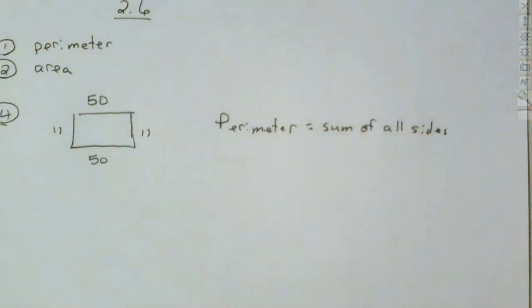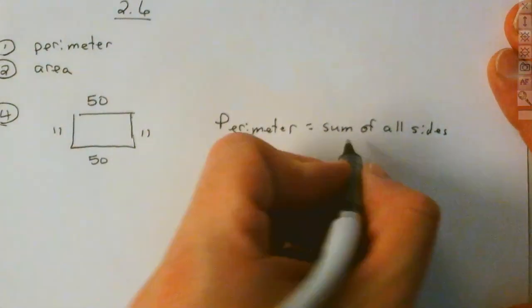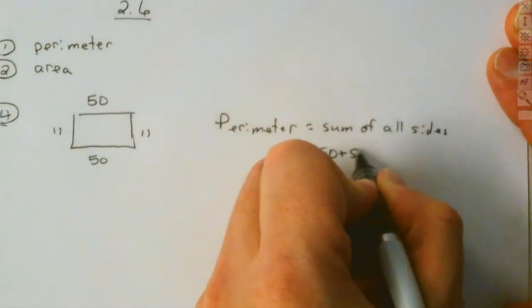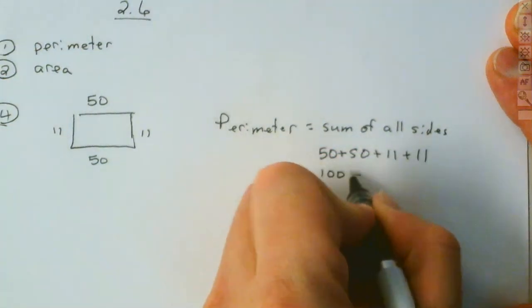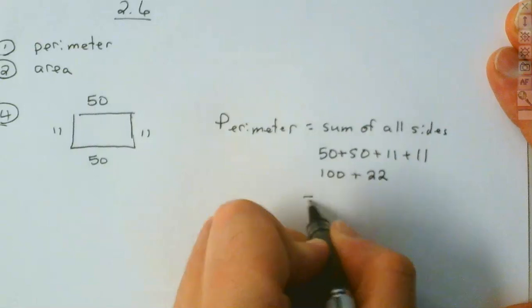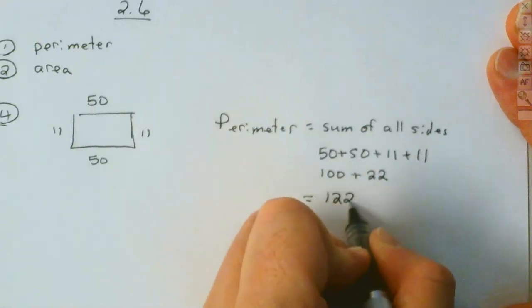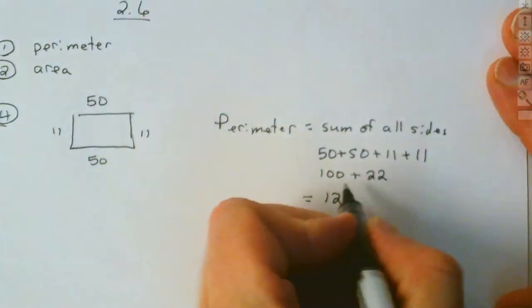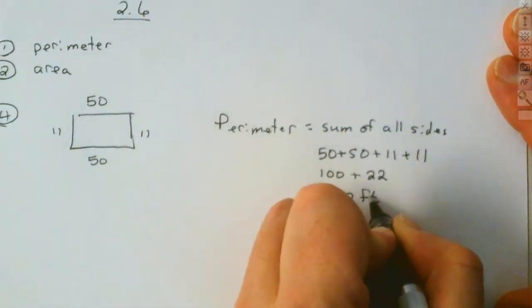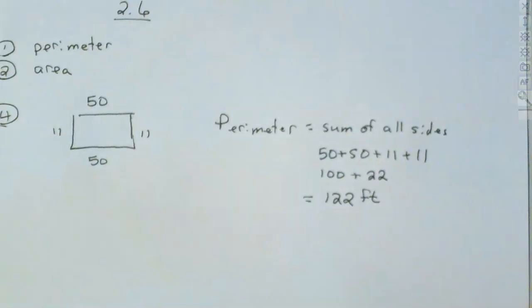So in this case, what do they add up to give you? Okay, you got 50, another 50, 11, and 11. So that's 100 plus 22, which then comes out to be 122. And what is it going to be measured in? In this case, feet, because everything else is measured in feet.